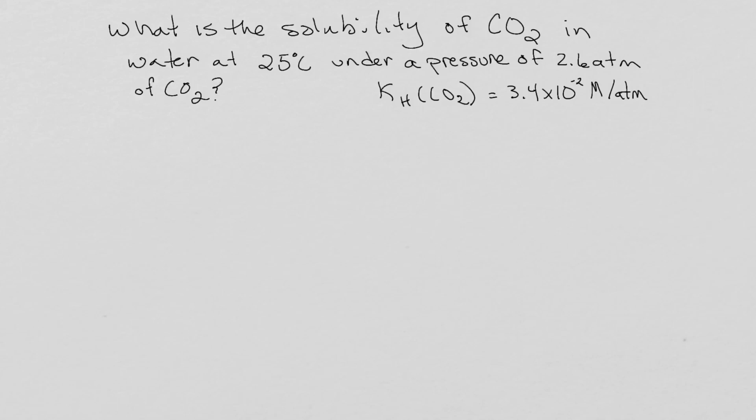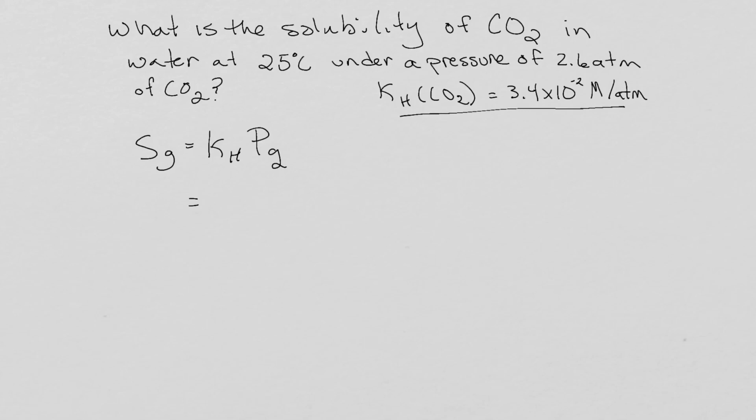Now, from the table, the Henry's law constant for CO2 is 3.4 times 10 to the negative second. Notice the units, molarity. So remember our concentration unit of molarity that we learned about? Per atmosphere. So solubility per atmosphere of pressure is the basic idea. Okay, so let's think about our equation. The solubility of the gas is equal to the Henry's law constant times the pressure of the gas.